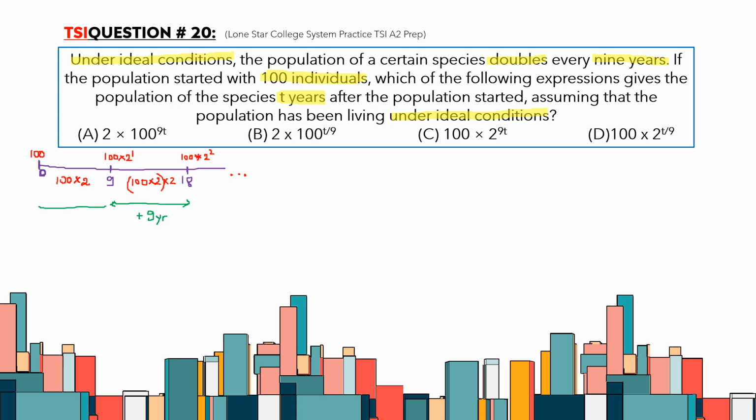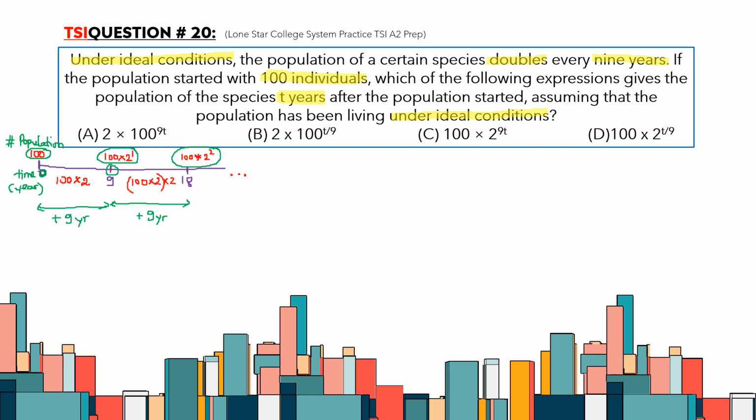From 0, this is the time in years, and this is the number of the population. We start with 100. Then after 9 years, we will have 100 multiplied by 2 to the power of 1. Then after 18 years, we have 100 multiplied by 2 squared.